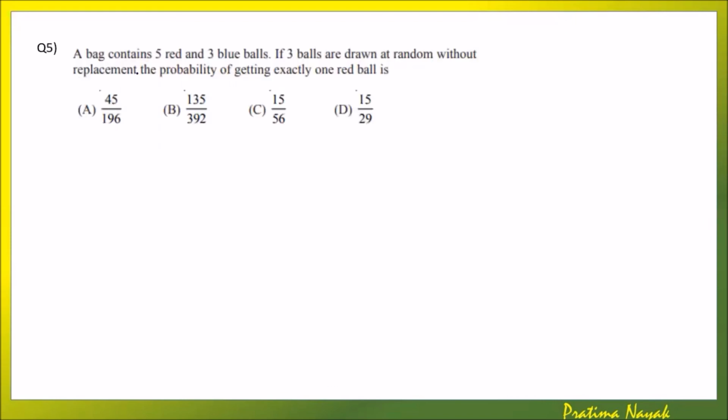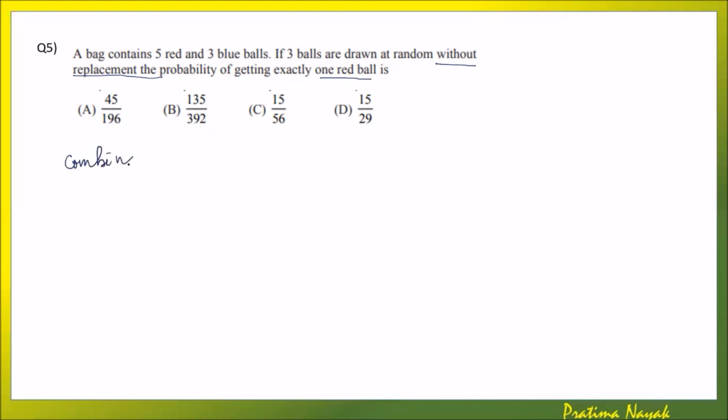Question number 5. A bag contains 5 red, 3 blue balls. 3 balls are drawn at random without replacement. When the question is without replacement, it is again treated as independent event, one by one. Getting exactly 1 red ball. Here I can use combination.